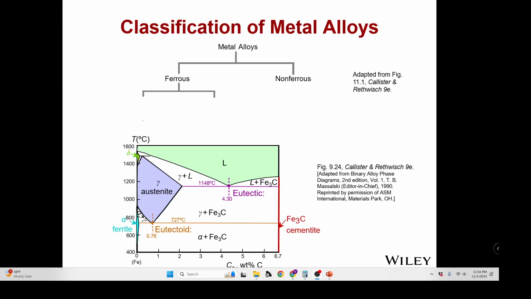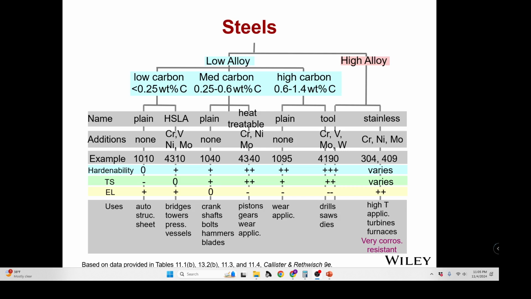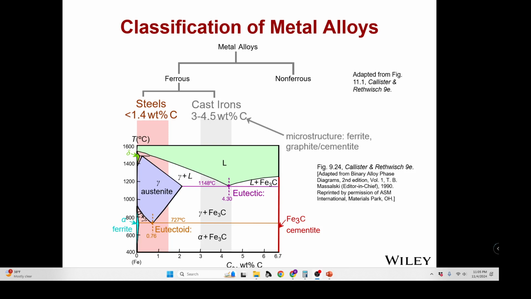So classifications for metal alloys are important. We have ferrous and non-ferrous, meaning iron containing, so steels and cast irons, and we have other non-ferrous alloys, so non-iron alloys.